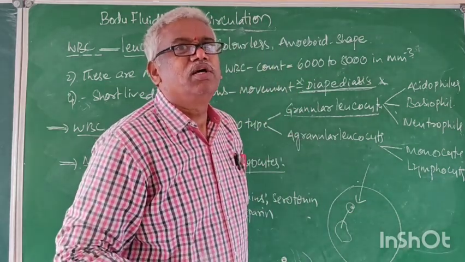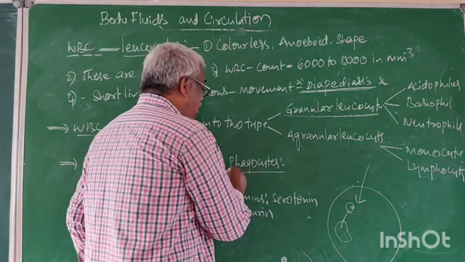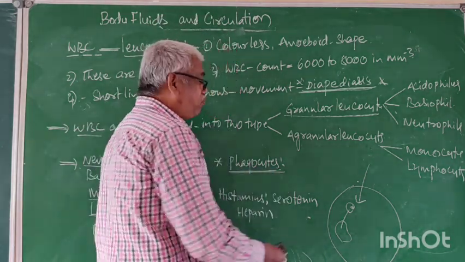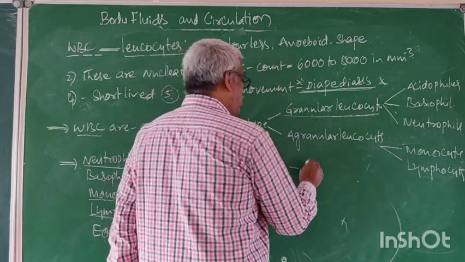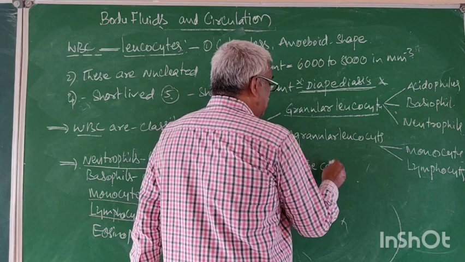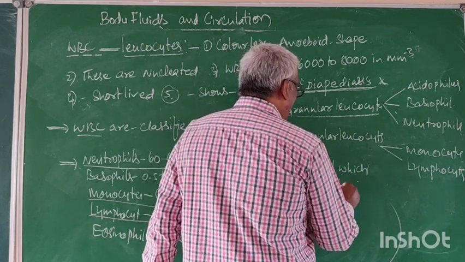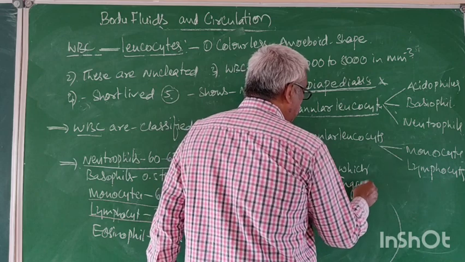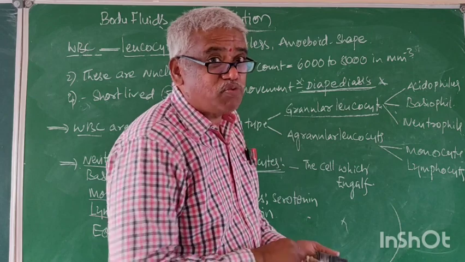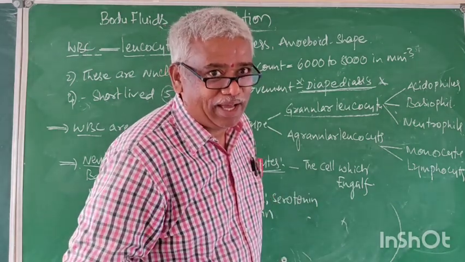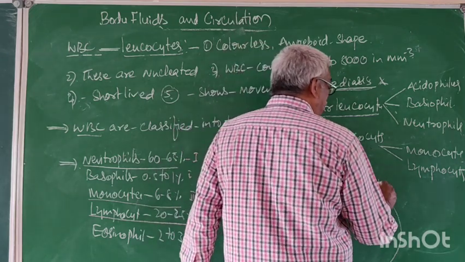swallows and digests it. Such a cell is called a phagocyte. Define phagocyte. What is a phagocyte? The cell which engulfs, swallows. We swallow food. This is the cell which engulfs the foreign molecule.